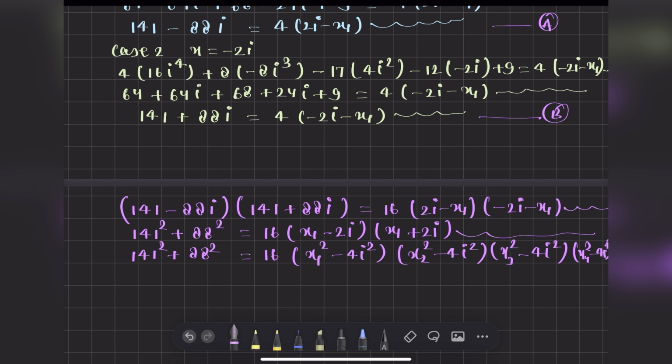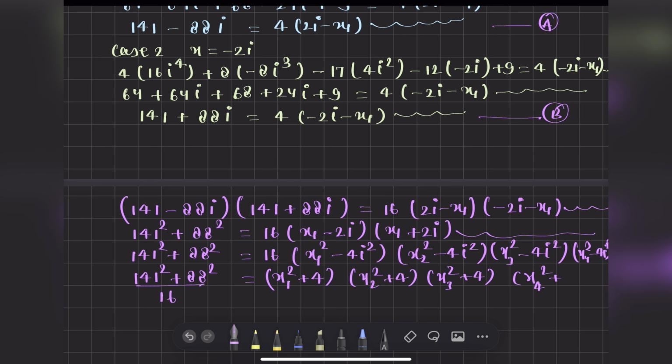Okay, so I'll take 16 to this side. So 141 square plus 88 square over 16. And look at this, iota square is minus 1. So it is (x1 square plus 4), (x2 square plus 4), (x3 square plus 4), (x4 square plus 4).